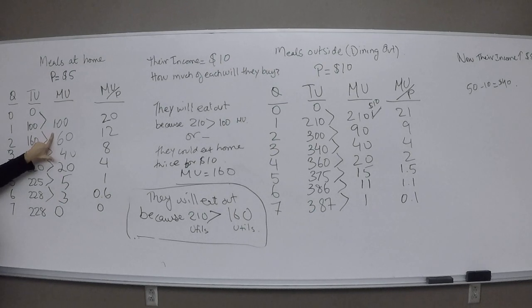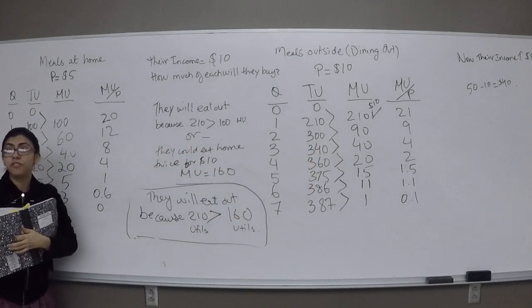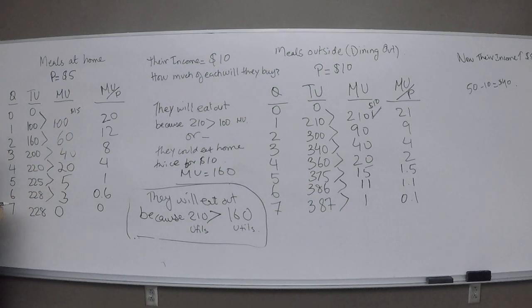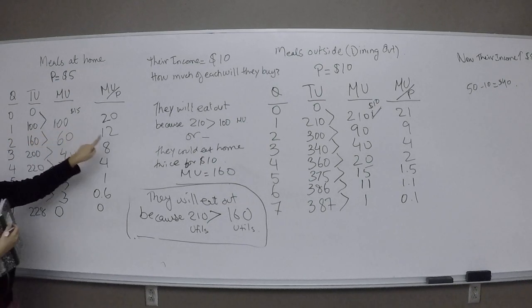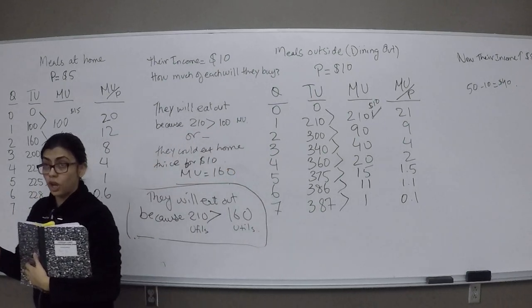Are you gonna eat at home or eat the second meal at the restaurant as well? You're gonna eat the second meal at home because 100 is greater than 90. That's $5, so now you have spent $15 of your income.